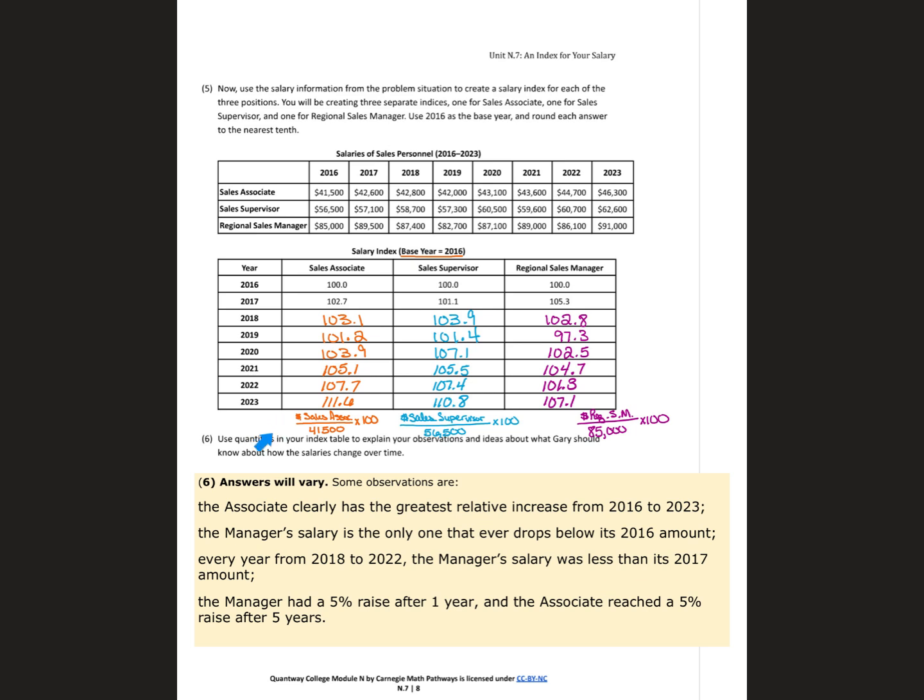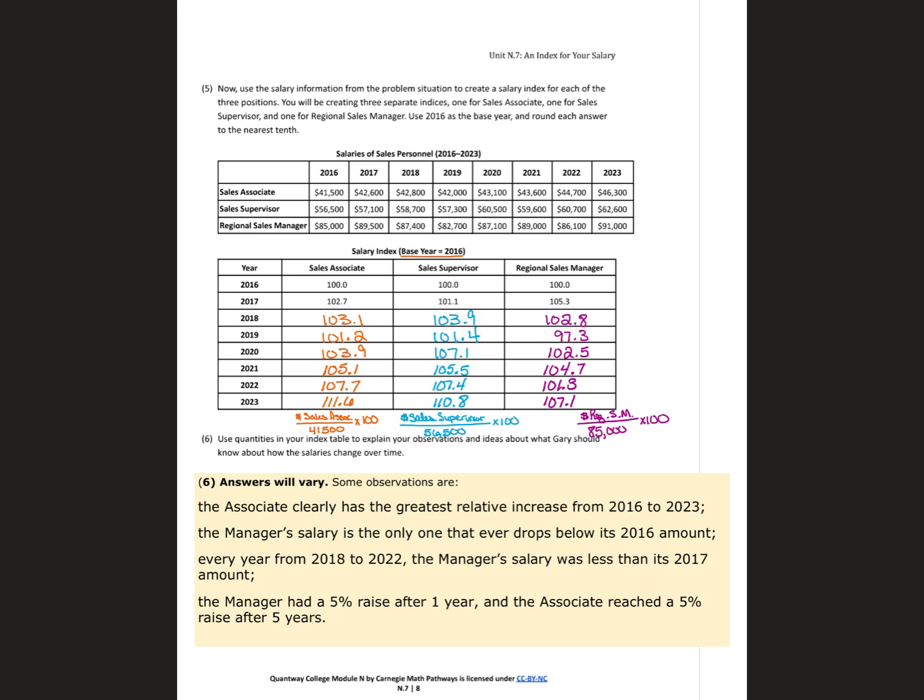I wrote the formulas I used for each of those, and notice each time I'm comparing them to the value in 2016 for each of those different positions. After you finish filling in your table, hopefully you notice that the associate clearly has the greatest relative increase from 2016 to 2023. If you compare those values, sales associate has the greatest.